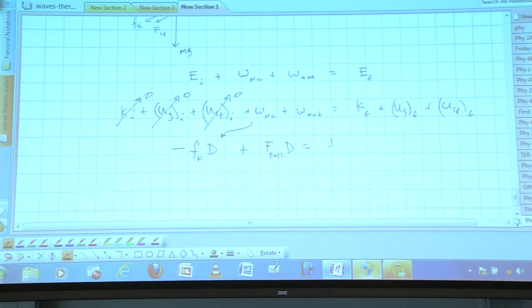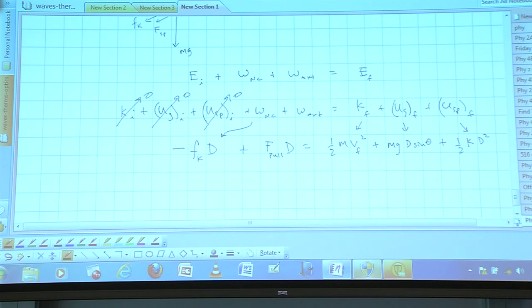And that's going to equal 1/2 mv squared plus mg y final. What was y final? d sine theta. And our spring potential energy, 1/2 k d squared. d is the distance it's moved up, right? 1/2 kx squared. x is equal to d, the distance up the incline. The distance the spring has stretched.